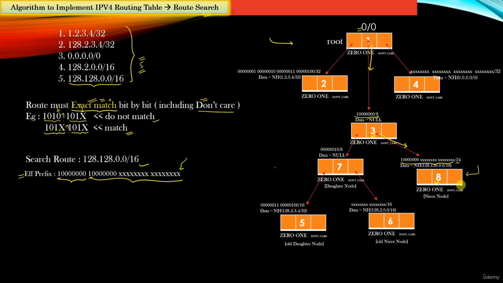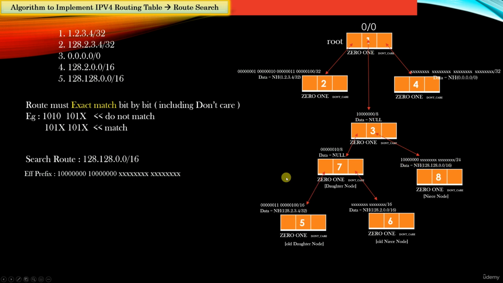It simply means that the node number 8 is a matching node and it corresponds to the route 128.128.0.0/16, which is this one. So this is how I search a route in the mtry. I will return true that such a route is present in the routing table.